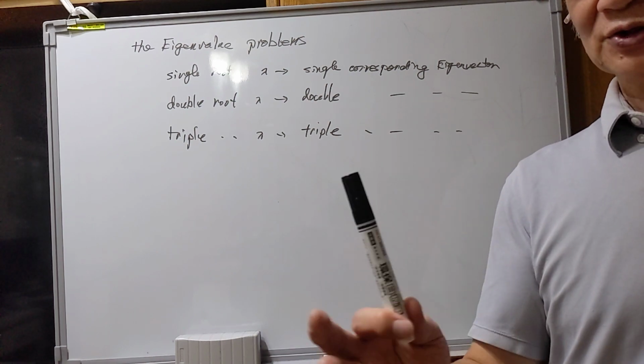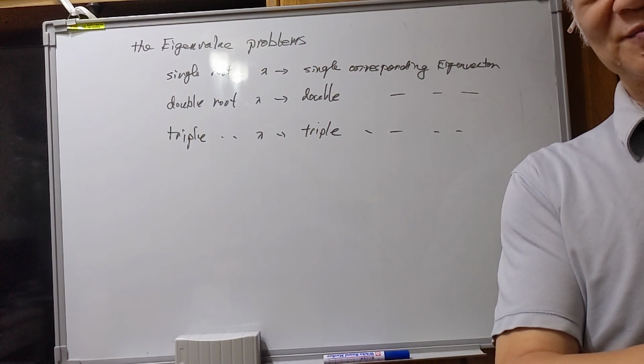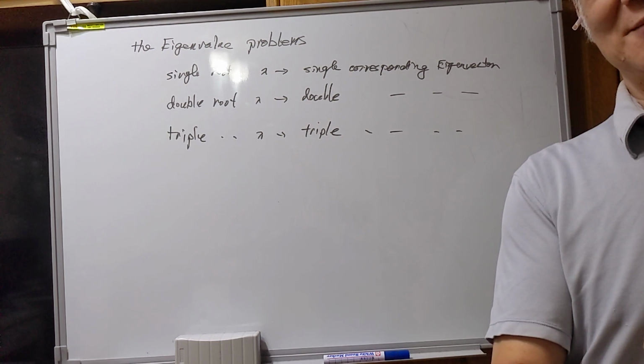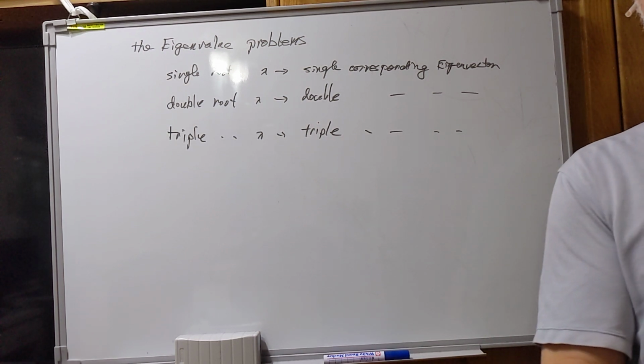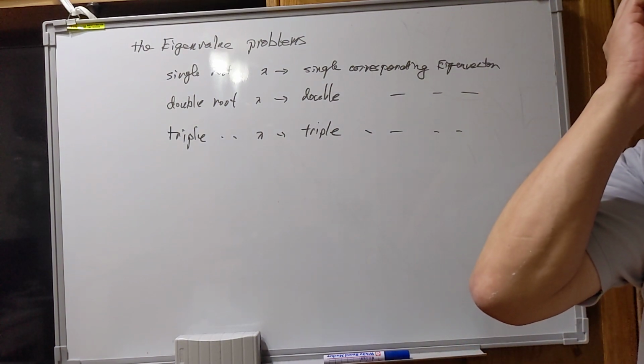Although you can find infinitely many eigenvectors, sometimes they are proportional to each other. Then you can say there is only one independent eigenvector.